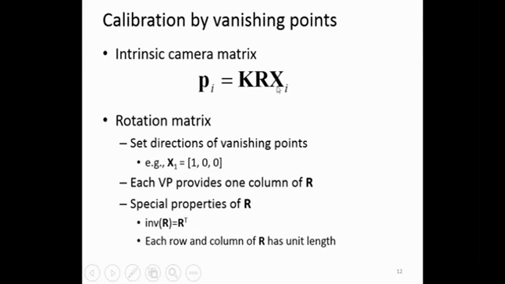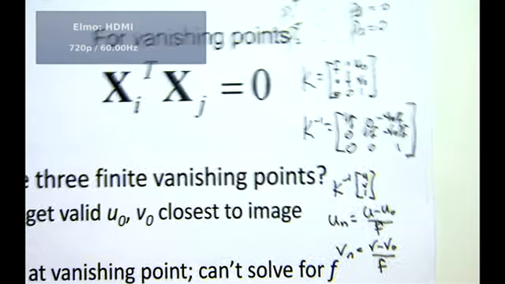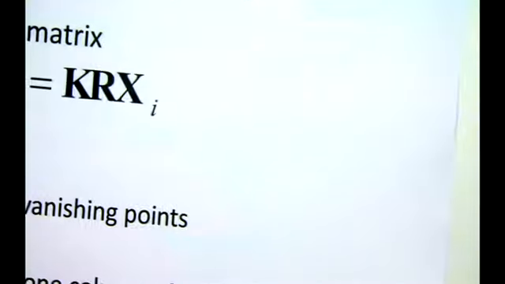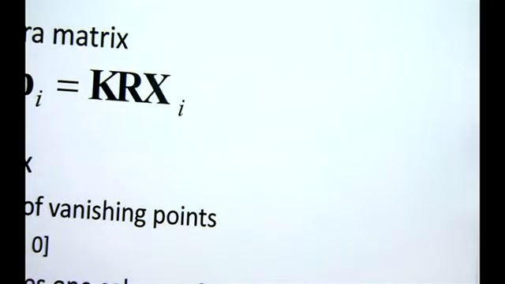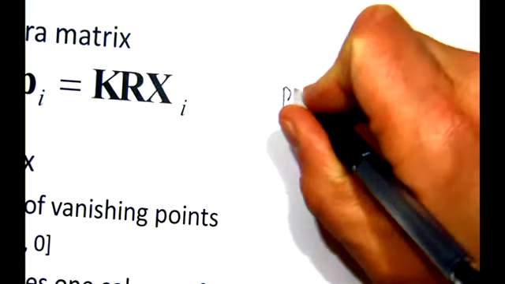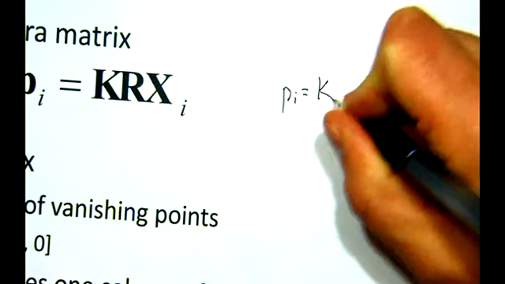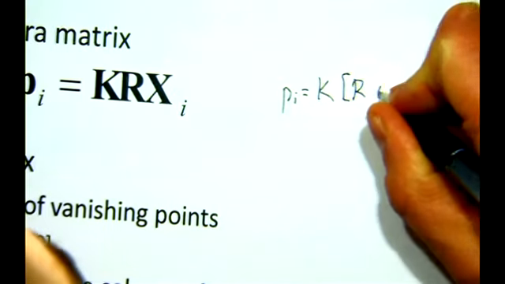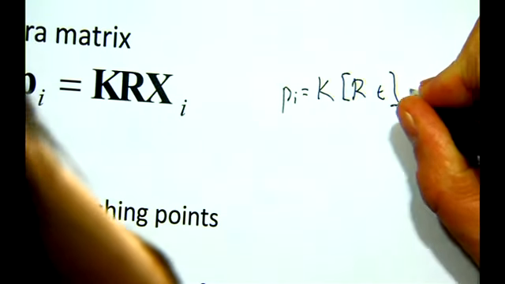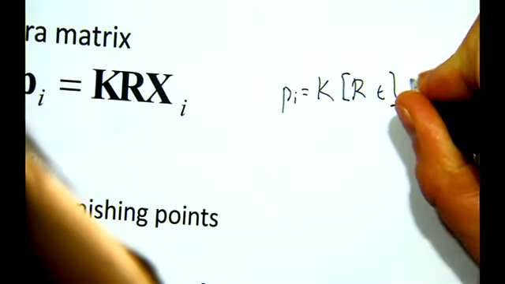I will actually do it and show you something on this. Remember that the full equation is little pi equals K times [R T] times big Pi.